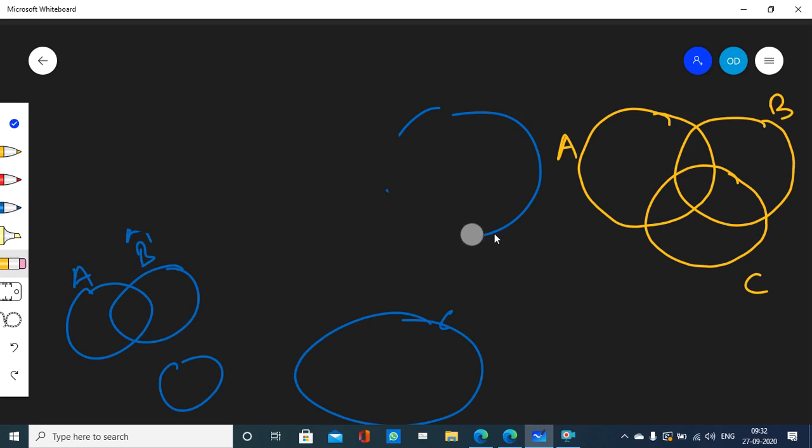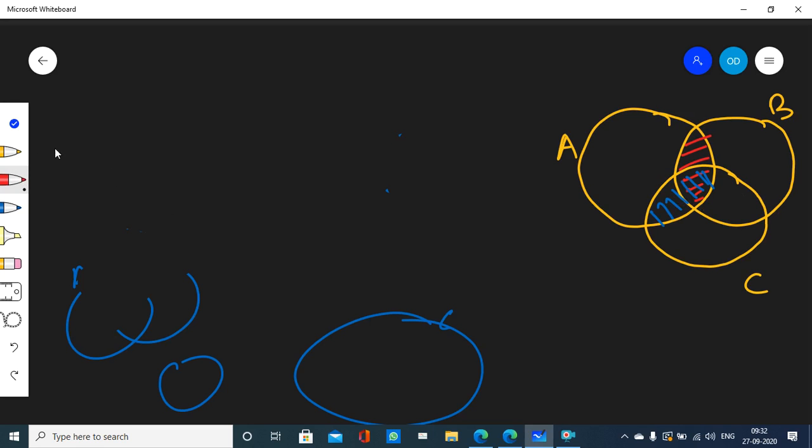In the general case, A and B might have something in common, B and C might have something in common, A and C might have something in common, and A, B, C all three might have something in common. So you see that all the elements here belong to both A and B. All the elements here belong to A and C both.